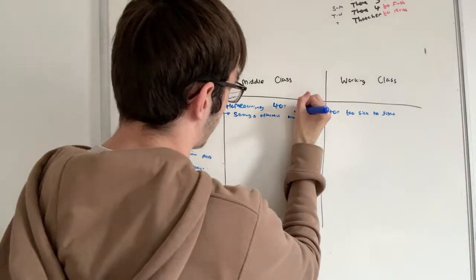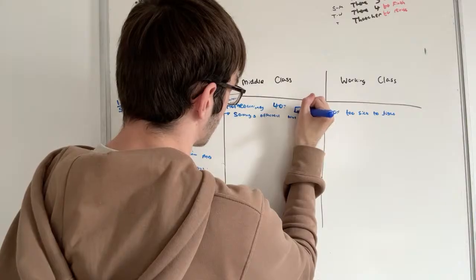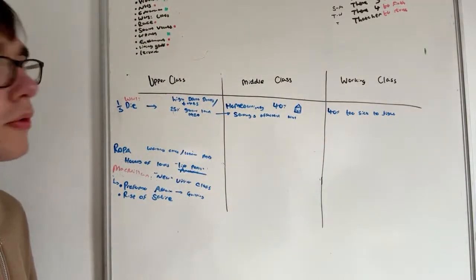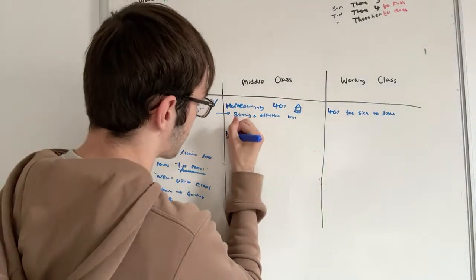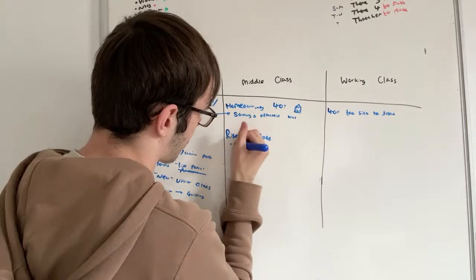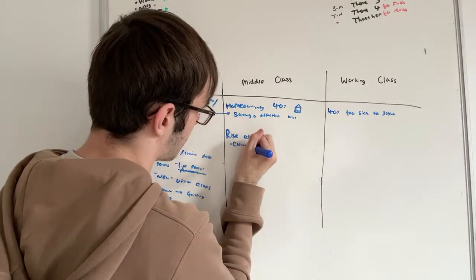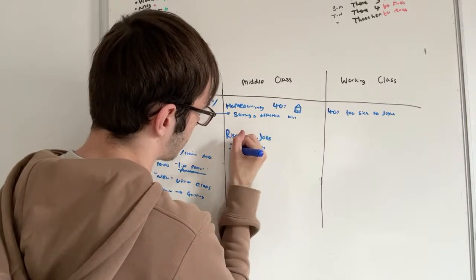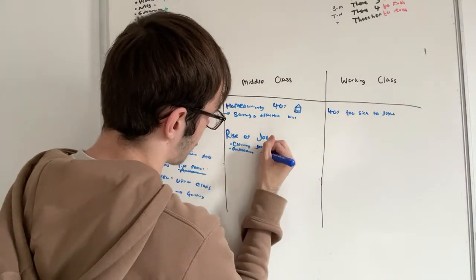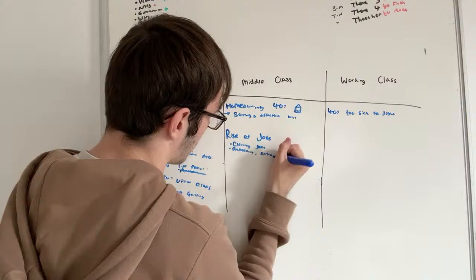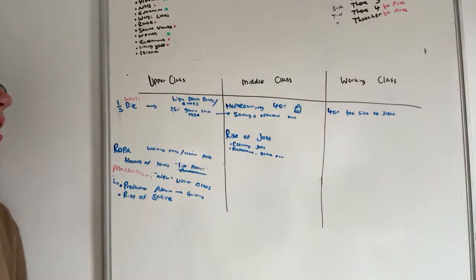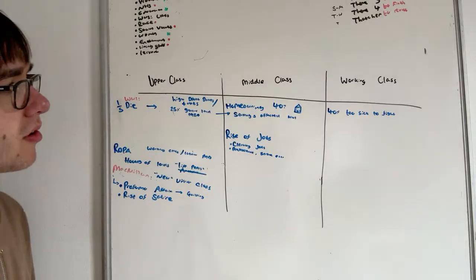You want to talk about how in terms of the middle class, there was a rise of jobs. That includes clerking jobs for women, but also professional jobs in science, technology, things like that. I don't remember much else for the middle class.